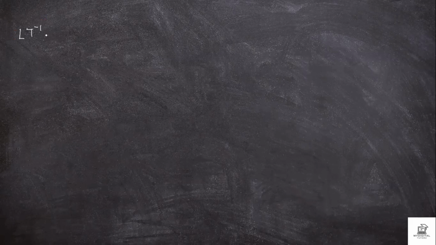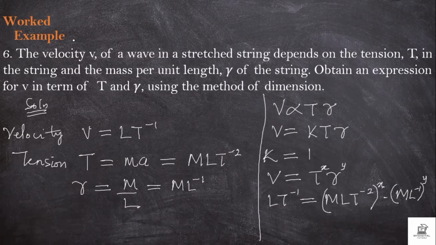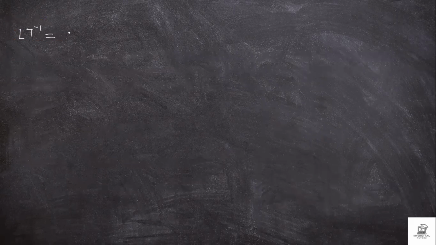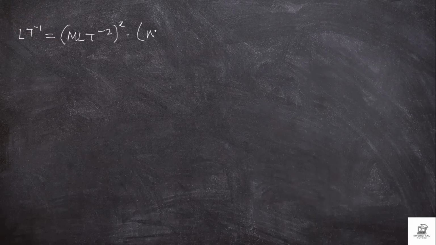LT minus 1 is equal to MLT minus 2 all to the power of X, times ML raised to power minus 1 all to the power of Y.